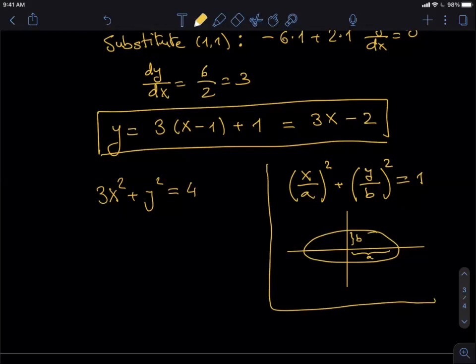And I'm saying this because here, it's not exactly of that form, but we can make it look like that. So we can divide by 4, right? So that we get a 1 on the right.